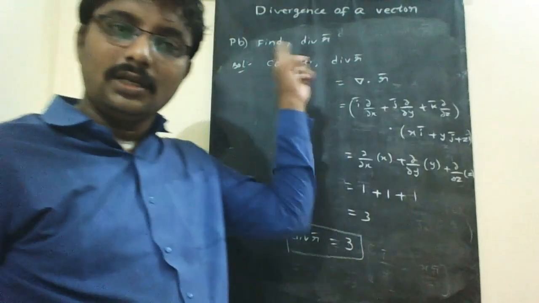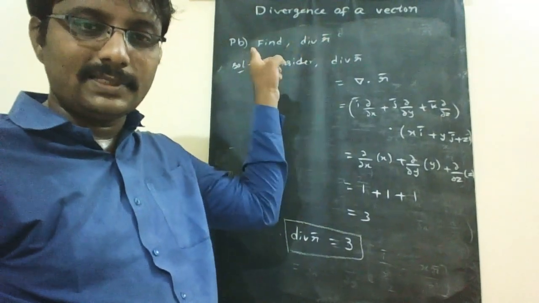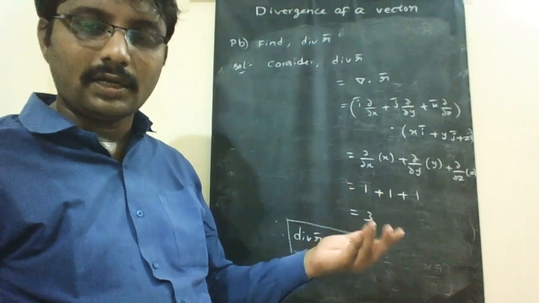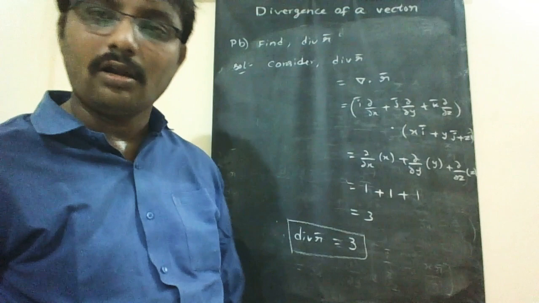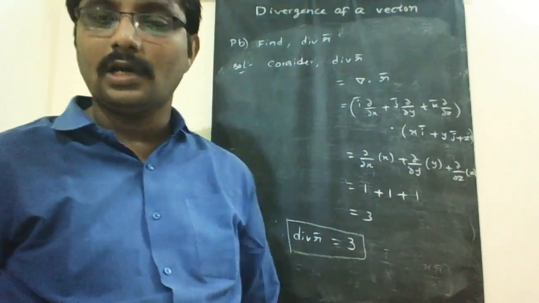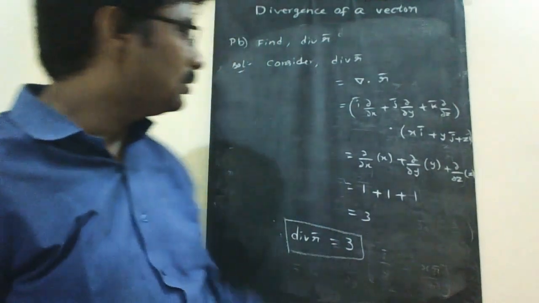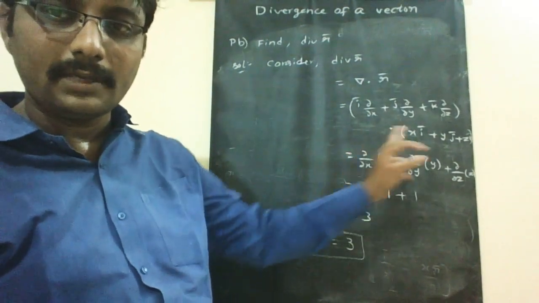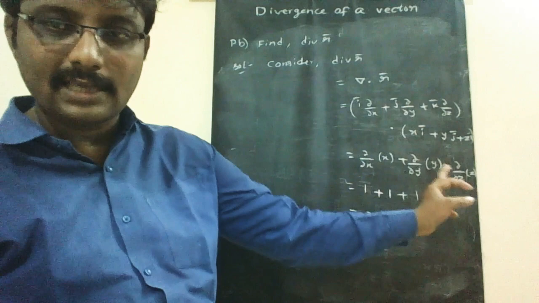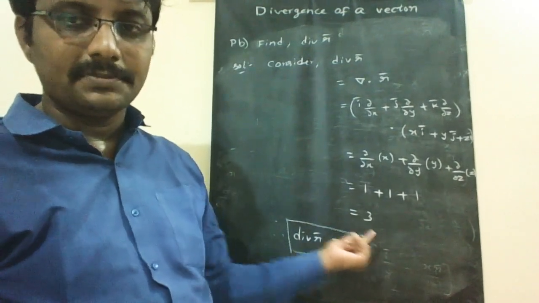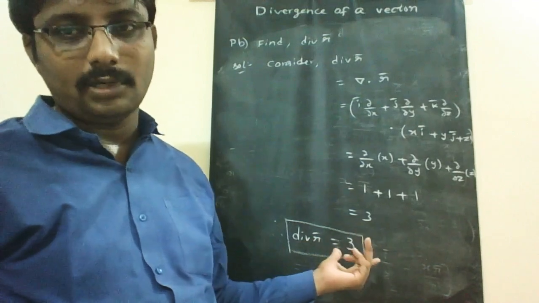Here we are doing the sums related to divergence, so we are finding divergence of r bar. In the next class, in curl of a vector, we will see curl of r bar is 0 bar. So r bar is here xi plus yj plus zk. Taking the dot product, applying partial derivatives with respect to x, y, z respectively, we get the result 3. So it is the value of divergence of r bar.